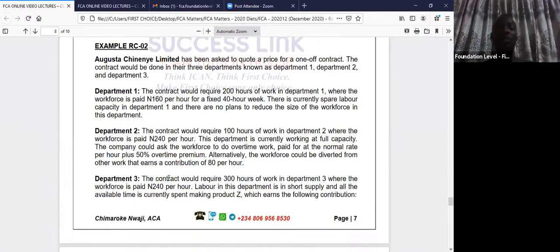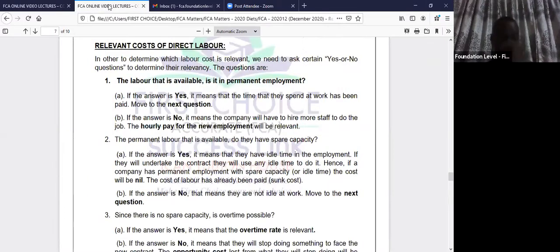In Department 2, the contract will require 100 hours of work in Department 2. So we'll go back and reset and start reading the question again. The labor that is available, that's 100 hours that is available. The workers that will do that for 100 hours, are they in permanent employment?